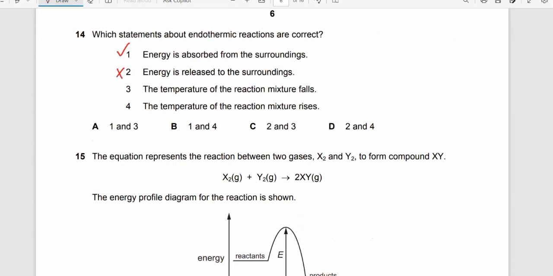The temperature of the reaction mixture falls. Yeah, of course, that's why energy is absorbed from the surroundings. The temperature of the reaction mixture rises? No, that takes place in exothermic reactions when the temperature increases, so energy is released to the surroundings. When the temperature decreases in case of endothermic, energy is taken from the surroundings. So 1 and 3 are okay.